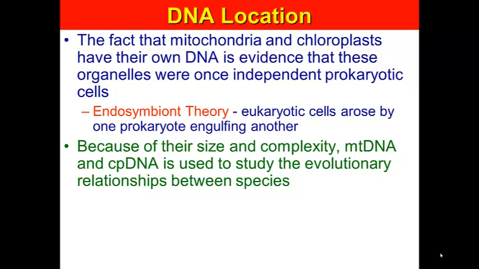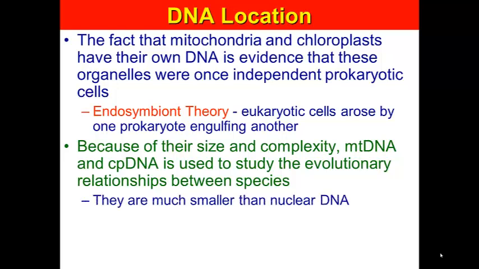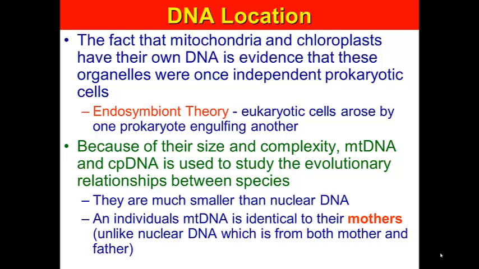They don't really change all that much, so they can compare them. They are much smaller than nuclear DNA. All individuals' mitochondrial DNA are identical to their mothers because they get all their mitochondria from their mothers, not their fathers. Unlike nuclear DNA, which derives both from the mother and the father of an individual.